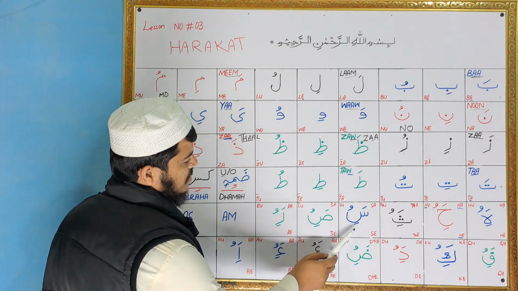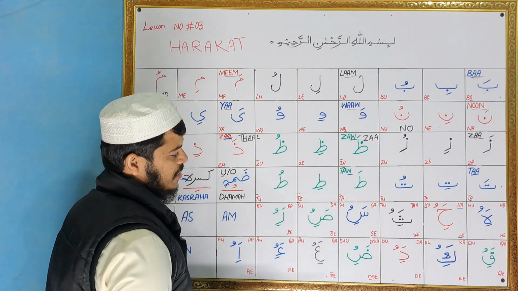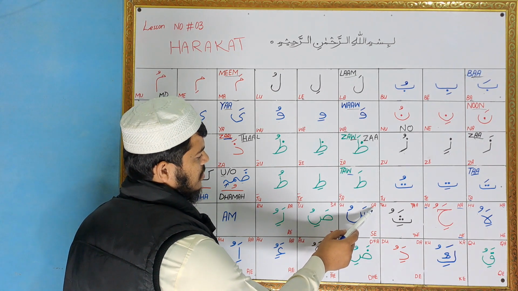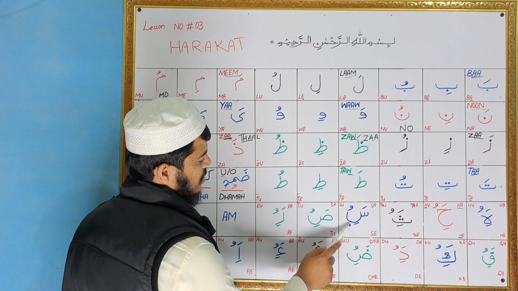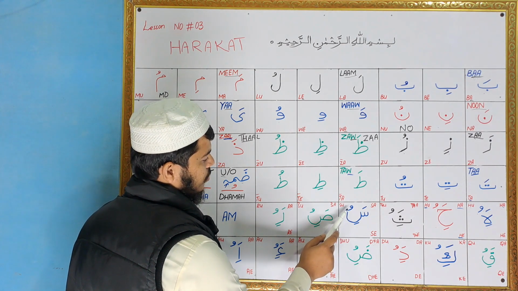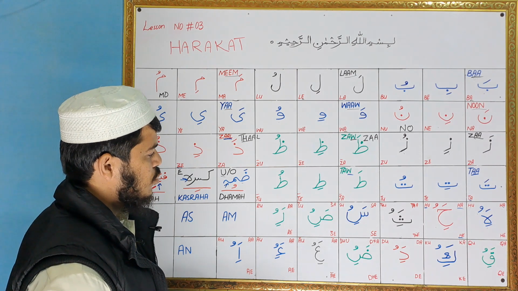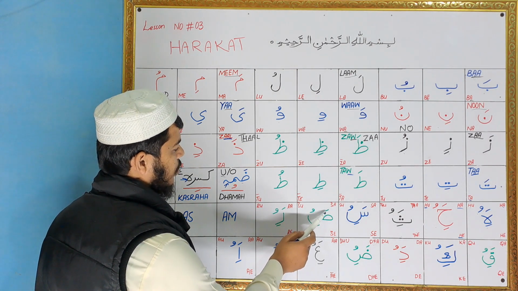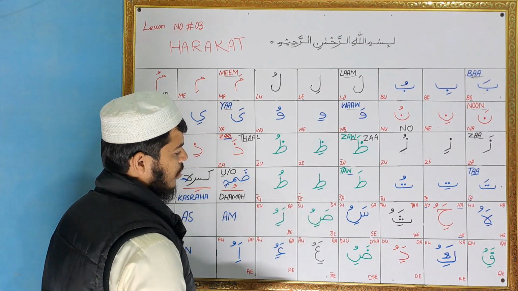Next, seen. This is a whistling sound. Seen fatha, sa. Seen kasra, si. Seen dhamma, su. Sad. Sad fatha, sa.